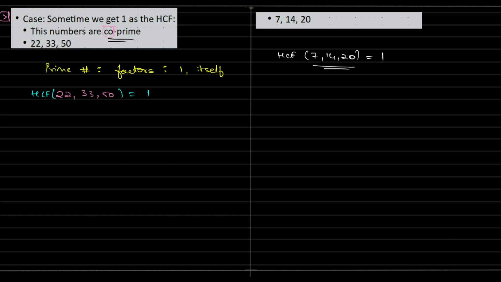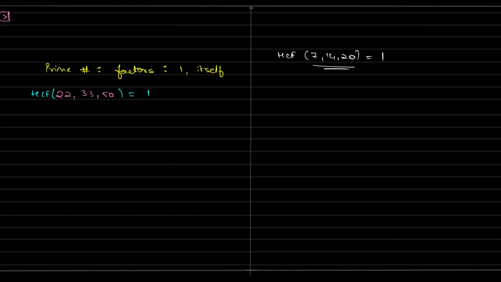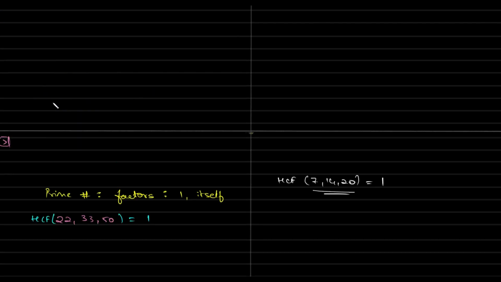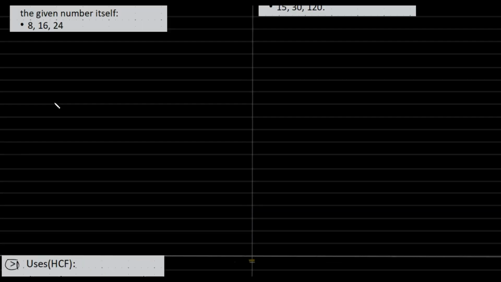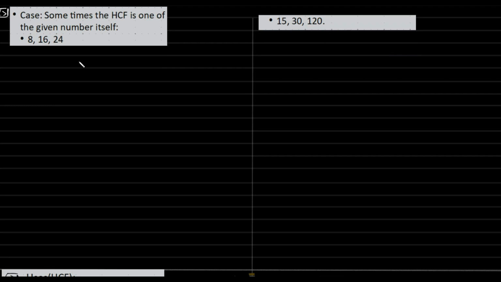So let's do the last set of questions, just a few more. Sometimes the HCF is one of the given numbers itself. It's an obvious conclusion, but I'm just trying to introduce all the basic ones to you guys.